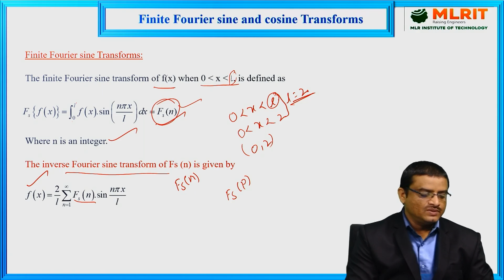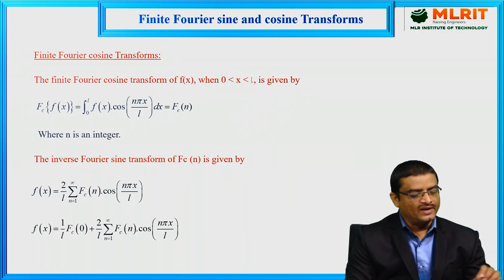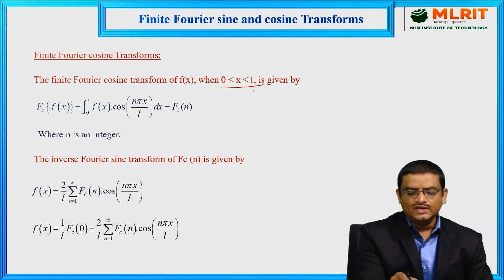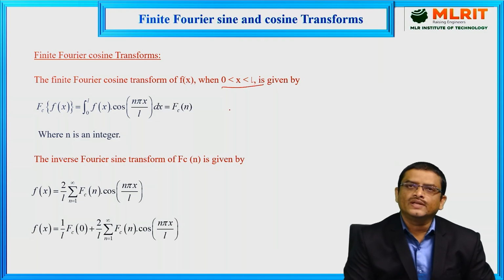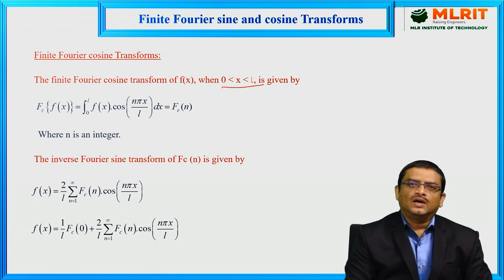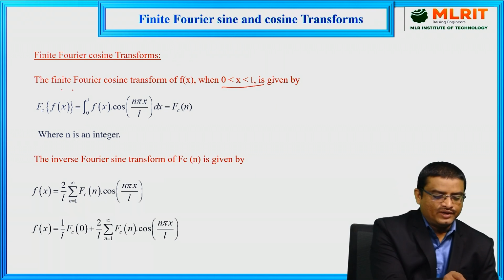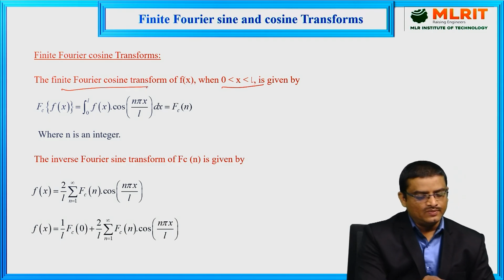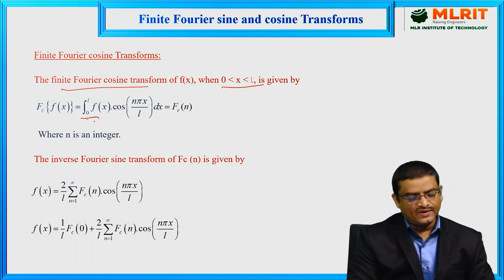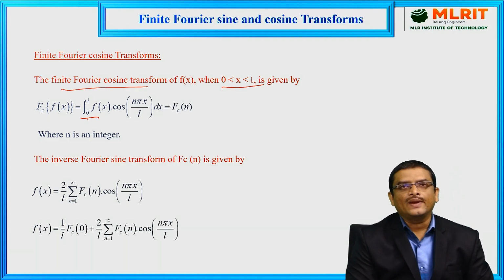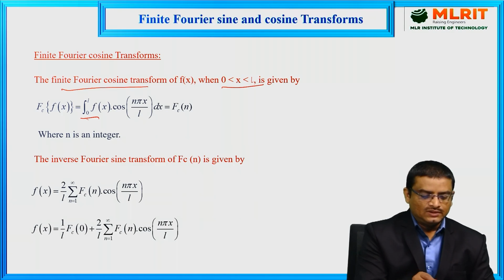Similarly we take the finite Fourier cosine transform. In this case also we represent the finite interval as 0 comma L, and in that interval the finite Fourier cosine transform is given by integral 0 to L f of x into cos n pi x by L into dx.